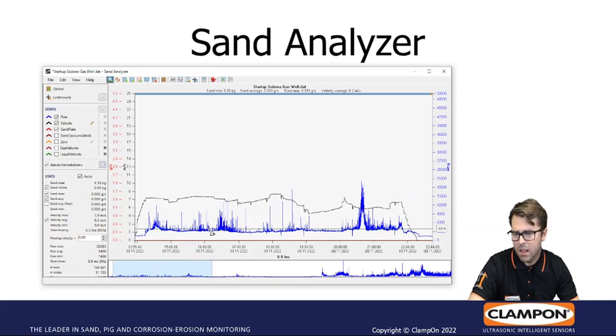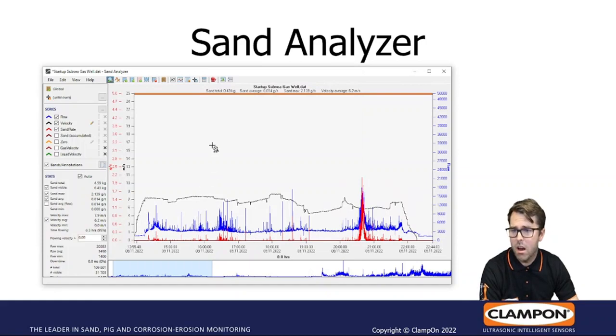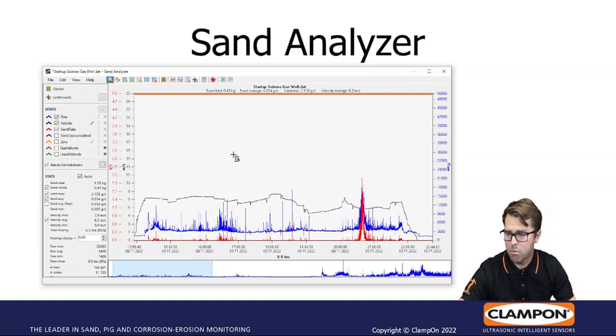All values above this line are sand and should be calculated by the system as sand. Using this zero, we calculate how much sand this is, and we talk about 430 grams of sand. So it's not high sand production.